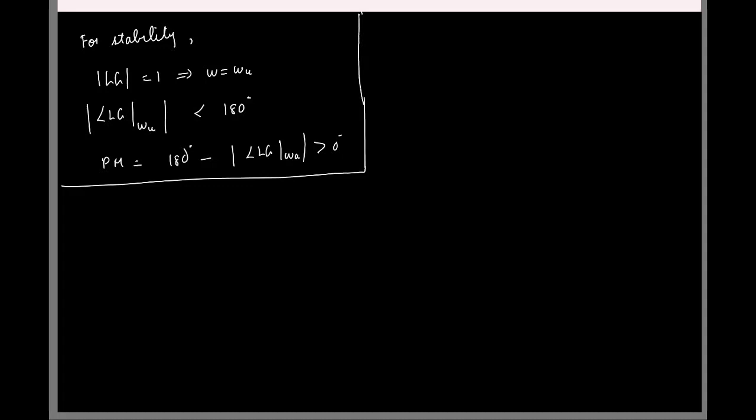So let us say I have a case where I find that the phase of the loop gain at some frequency is minus 180. Okay? And I find that the magnitude at that same frequency is, say, 10.